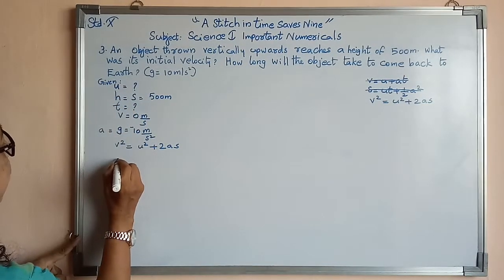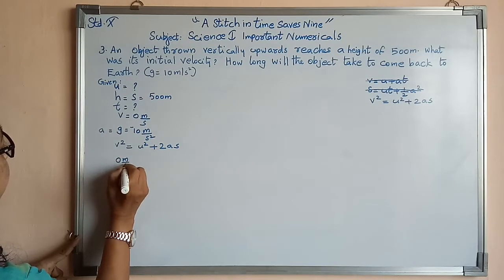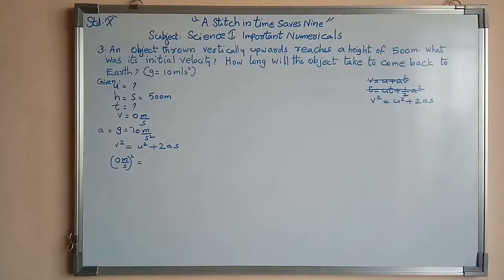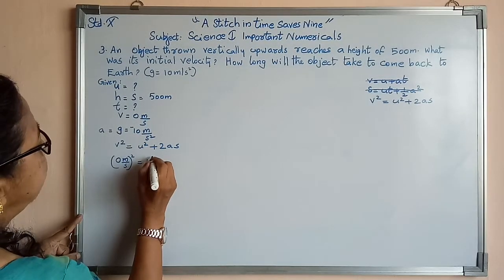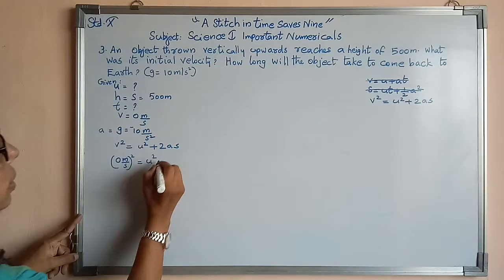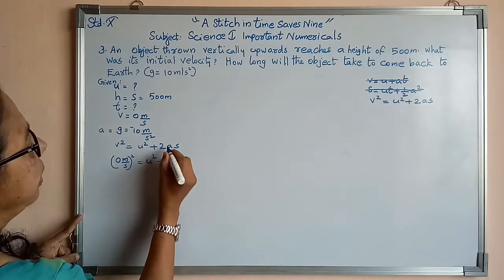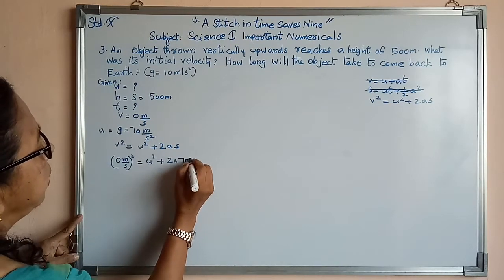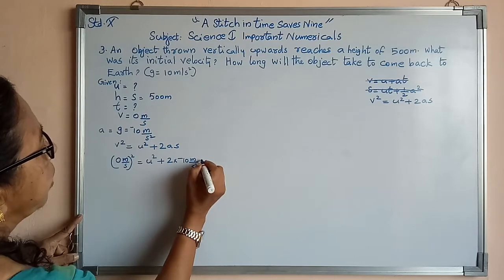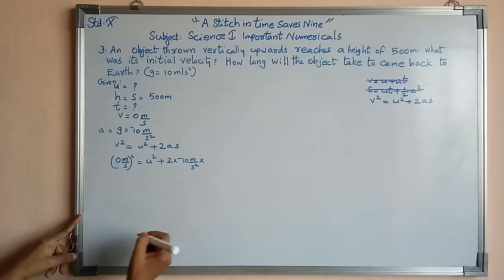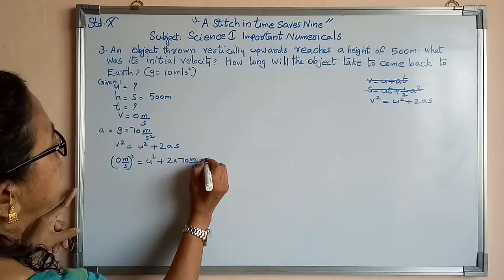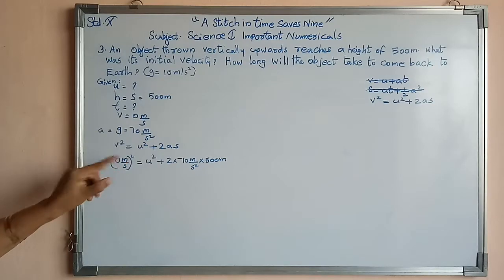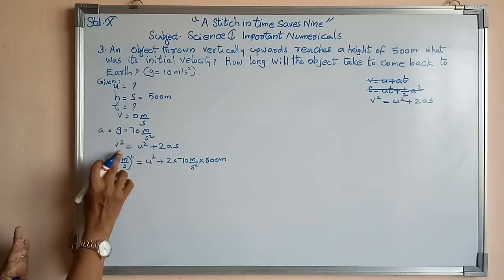Now v square I am writing as 0 meter per second whole square, that is equal to u square, that is not given, we need to find out, plus 2 into as or gs, that is minus 10 meter per second square into s, that means height, that is 500 meter. Now this particular value we can avoid because 0 value is there.